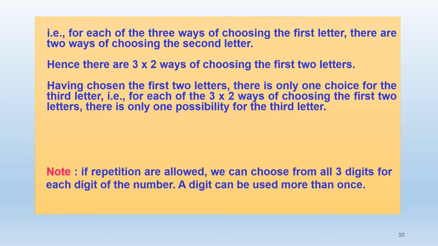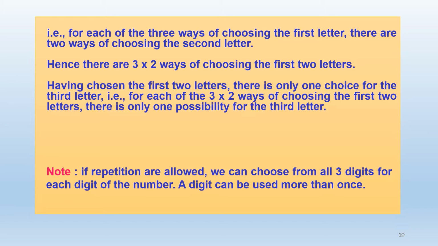Untuk first letter, kita dah ada tiga cara. Kita ada tiga option. And then for the second letter, since kita dah pilih satu tadi, yang tinggal cuma dua cara. And for the last letter, yang ketiga, since kita dah pilih dua yang dekat depan, so we'll only have one option left, one way left lah. There is only one possibility for the third letter.